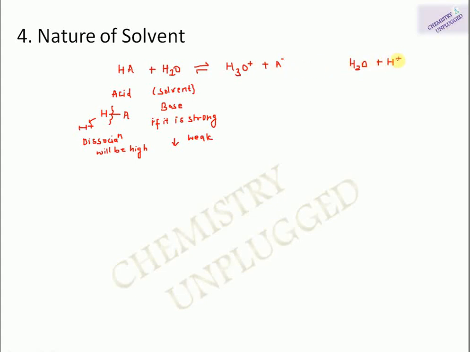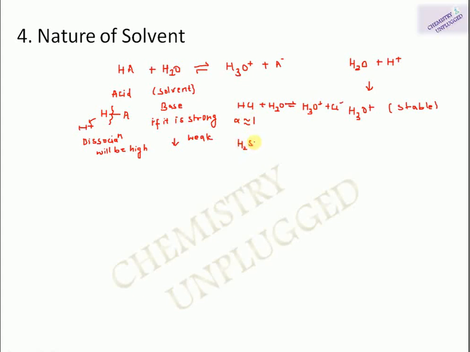In this case we are using water, and water forms the hydronium ion when it combines with the protons of the acid, which is very stable in nature. If I am using water as a solvent for different acids, like HCl, then it will form the hydronium ion. The same is the case for other acids also.